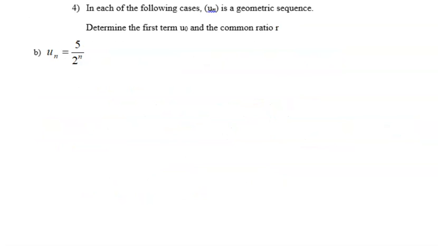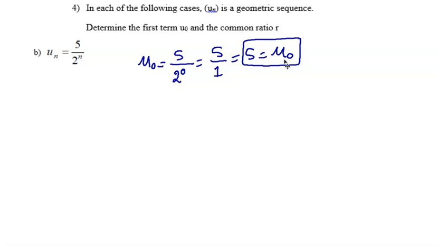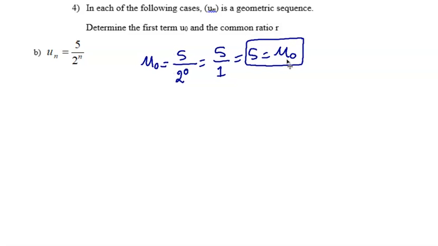Now the same question for another sequence defined by un equal 5 over 2 to the exponent n. Also u0 is 5 over 2 to the exponent 0, and then 5 over 1 is equal to 5. So u0 is equal to 5. As we said before, to find the common ratio, we need to calculate u1 too.